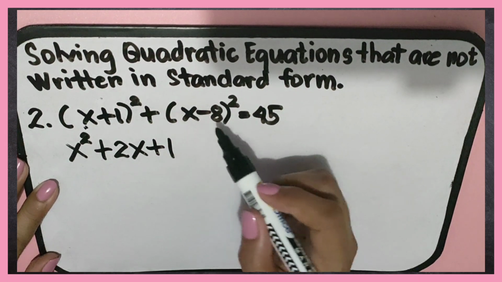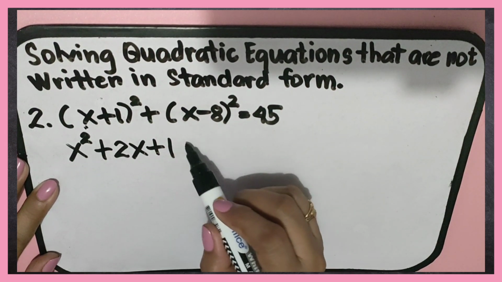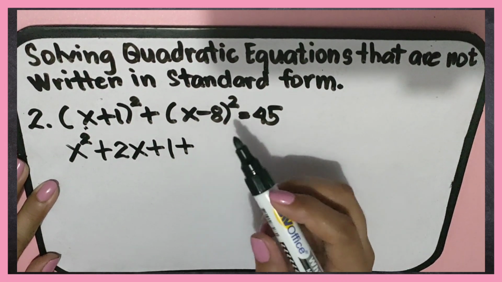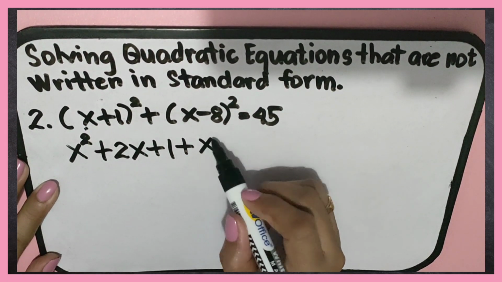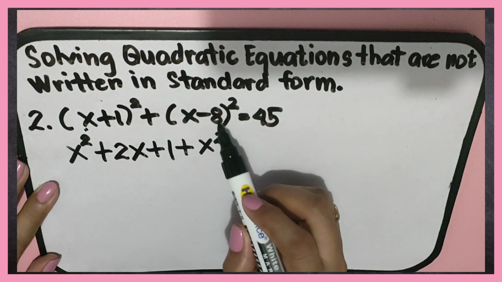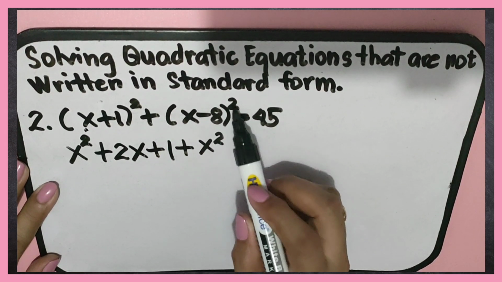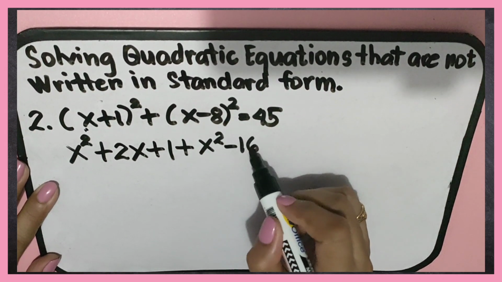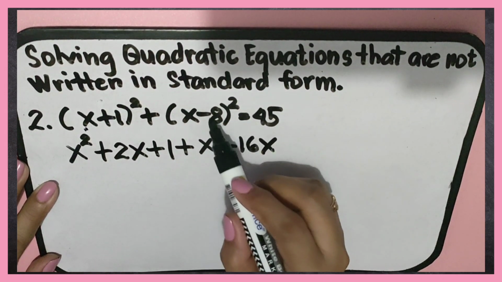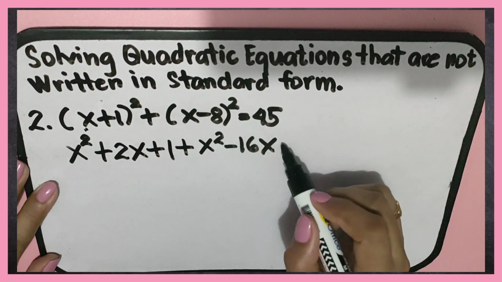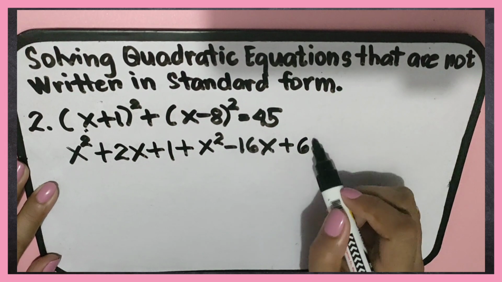Then, let us expand the other given. We have positive x times x, we have x squared. And then x times negative 8 is negative 8x, times 2 is negative 16x. Then, negative 8 times negative 8 is positive 64.